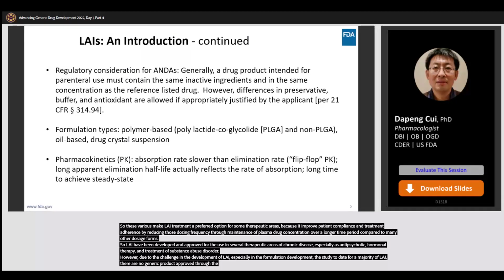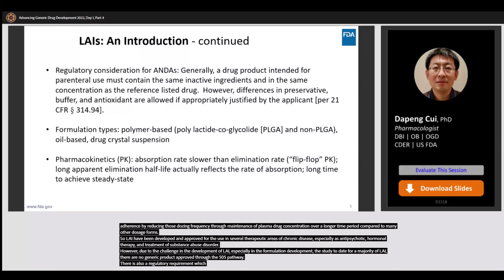There is also a regulatory requirement which contribute to the complexity of generic LAI development.